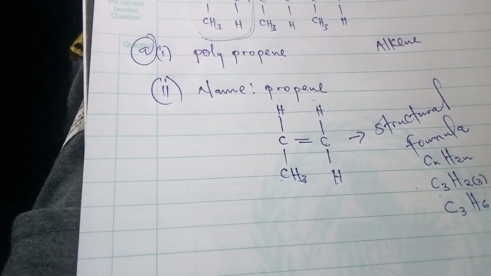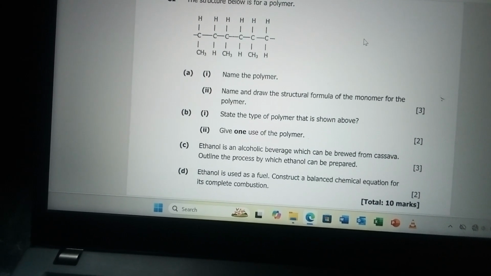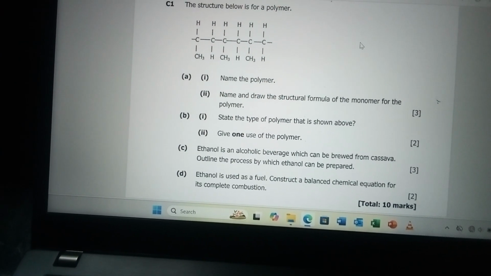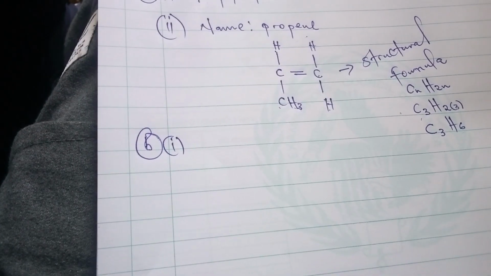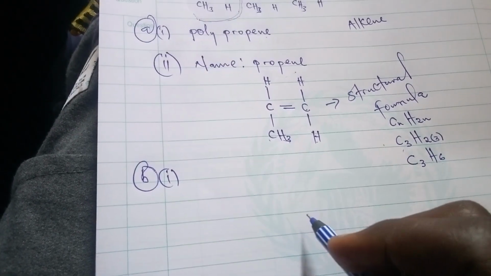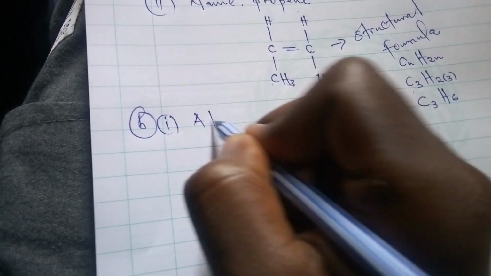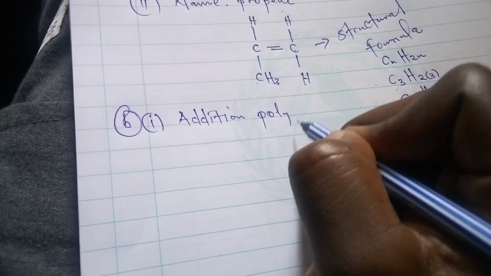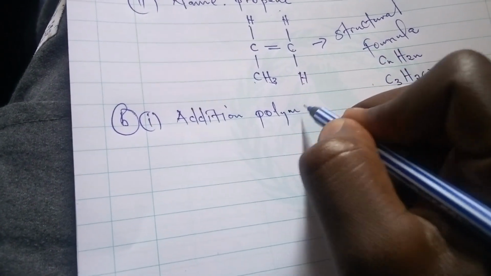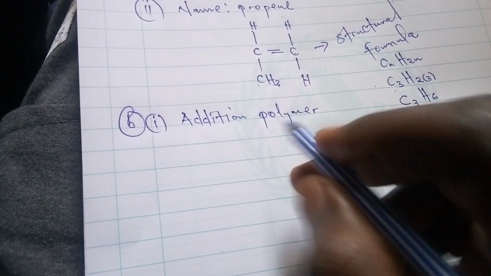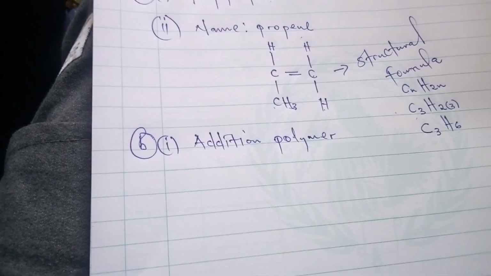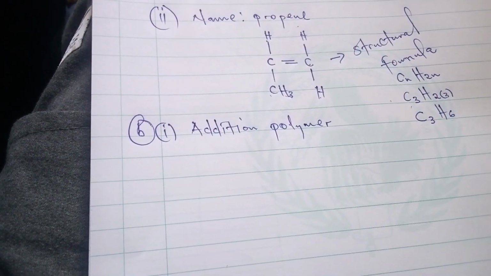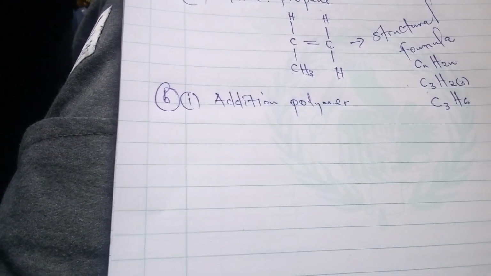So we proceed to the next one, and they are saying B1, state the type of polymer that is shown above. One thing that you should bear in mind is that all alkene members undergo addition polymerization, which involves the addition of many monomers of alkenes.